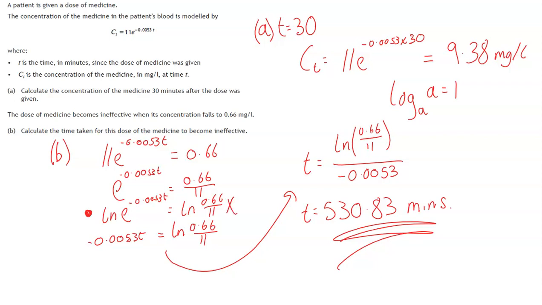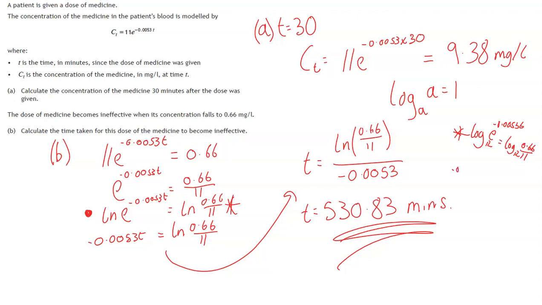If I do a star here like this, and I'll put that across here as a bit extra, let's say I did log to the base 12 of e to the negative 0.0053t equals log to the base 12 of 0.66 over 11. I would still have the e term in there.